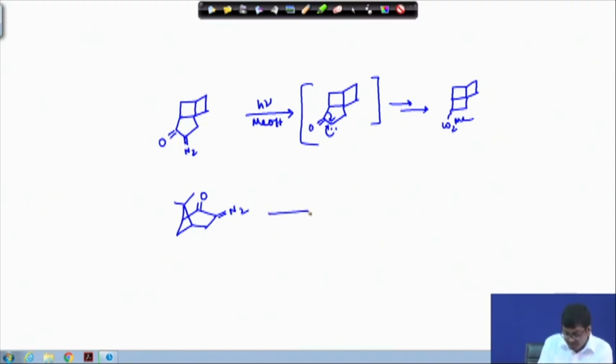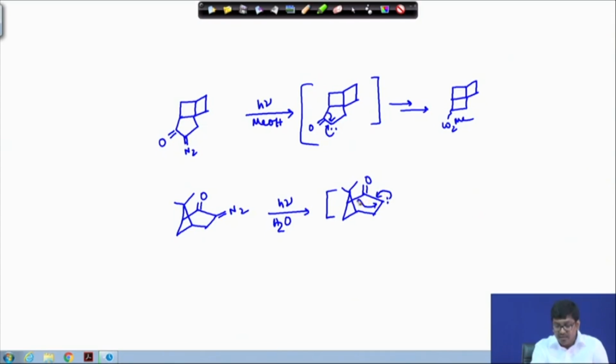Now, again under photolytic condition, and here water is the nucleophile. As per our previous experience, we can simply make the corresponding carbene, and then one bond will migrate.